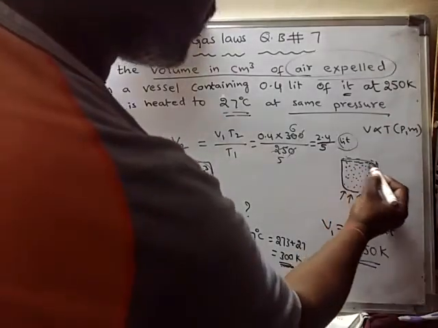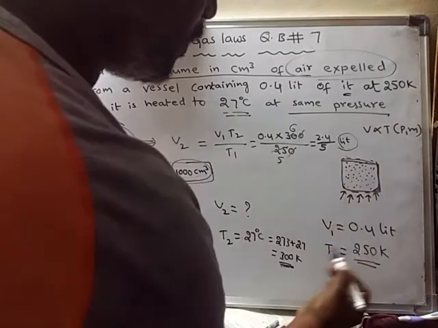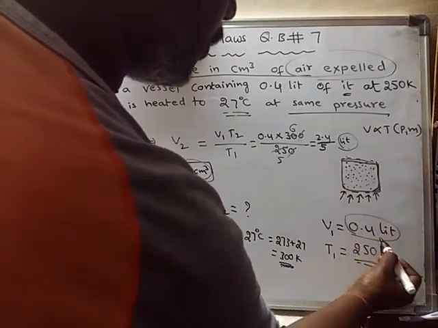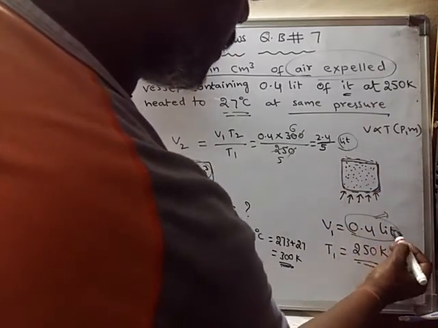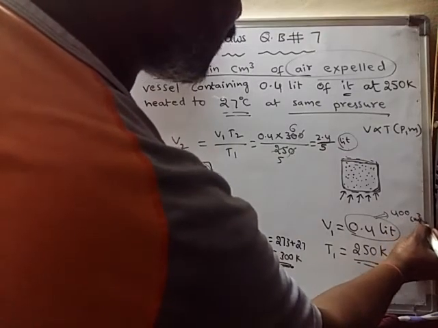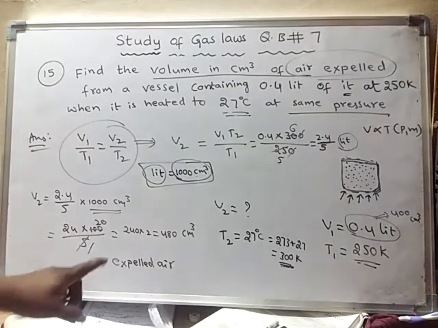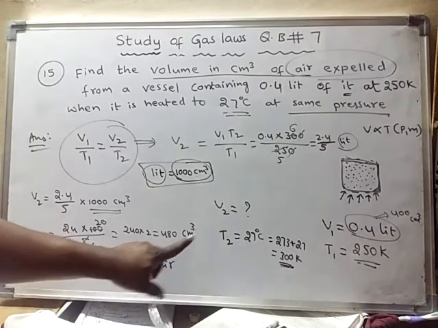But here the capacity of this vessel is 0.4 liters, which means it will be 400 centimeter cube only. The capacity of that vessel will be 400 centimeter cube only, but the final volume is 480 centimeter cube.